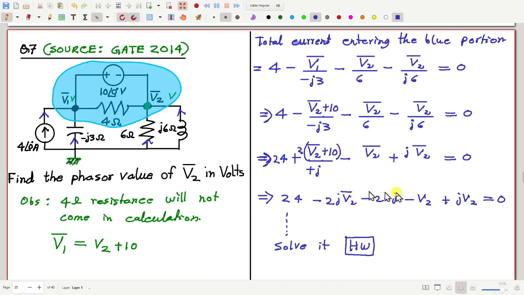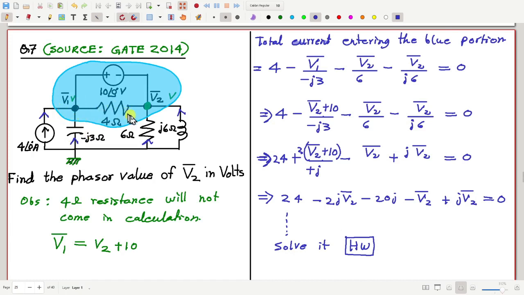Sir, I have a doubt. Yes, please. Sir, why didn't you consider the 4 ohm in the calculation? See, the way I did it, the 4 ohm never came into the picture. I considered this blue part and calculated how much current is entering this part.